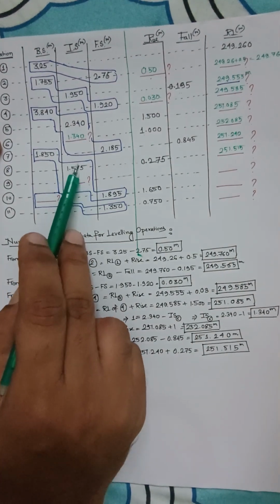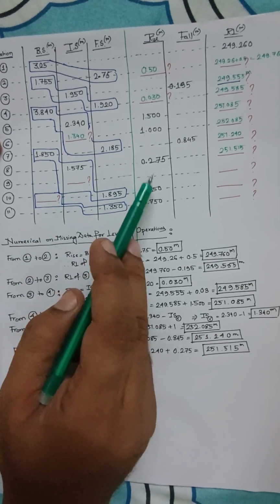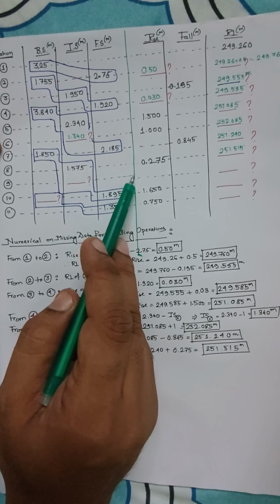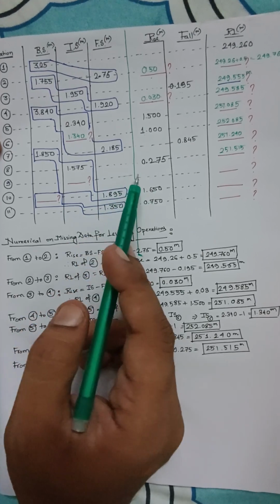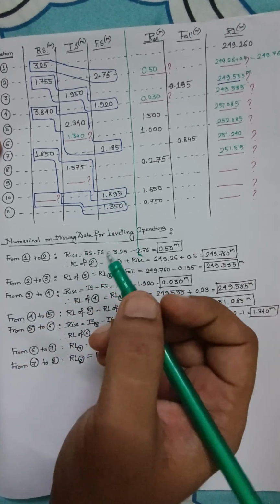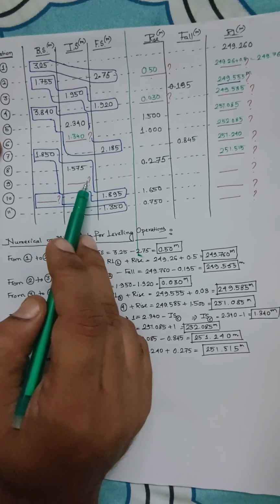Now let's come back to this. You see, from here you do not have anything, because from here to here you either need a rise or a fall, right? But you do not have anything over here. So how will you figure it out? How are you supposed to figure it out? Here is a very tricky situation.